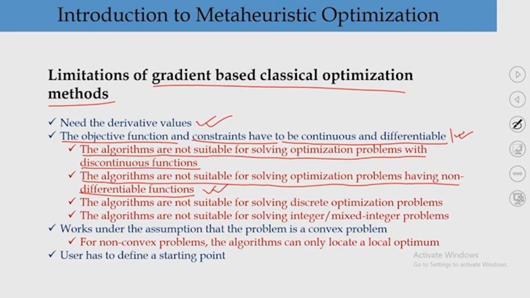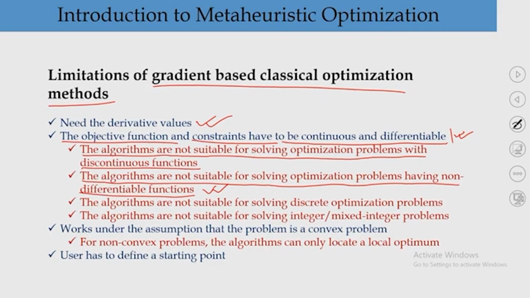Now, I would like to tell one point here. There may be a function, okay, it is differentiable, but the question is how you are calculating the derivative. So, many times you have to calculate the derivative using numerical methods. I discussed that one, how you can calculate the derivative using numerical methods. Now, in that case what will happen?